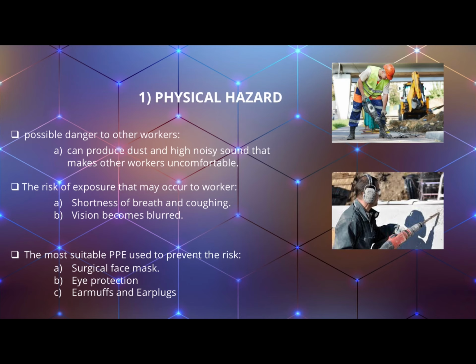The risks that may expose workers are shortness of breath, coughing, and blurred vision. The most suitable PPE to use in this situation to prevent the risks are surgical face masks, eye protection, and earmuffs and earplugs.